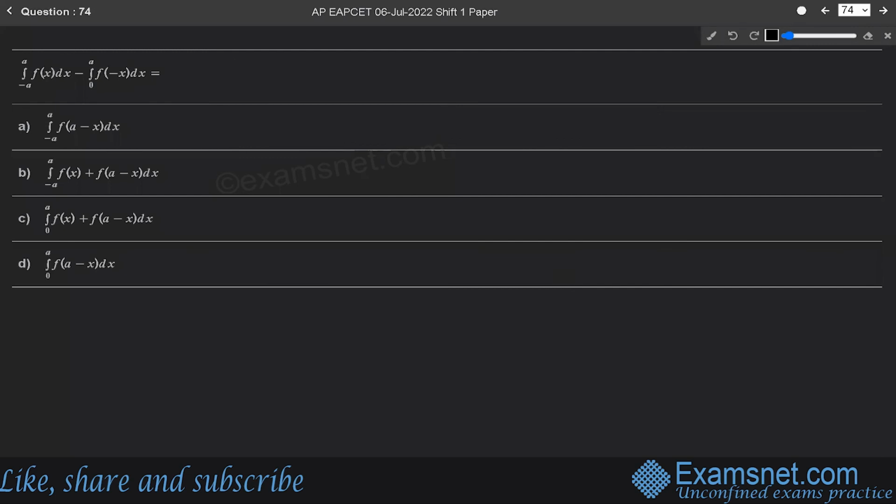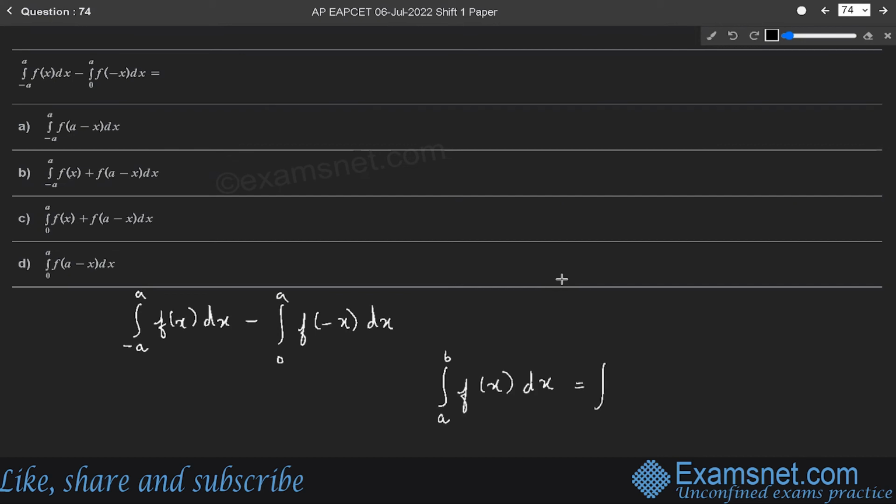Next question is the integral from minus a to a of f(x) dx minus the integral from 0 to a of f(minus x) dx is equal to. We know that there is an identity: the integral from a to b of f(x) dx is equal to the integral from a to b of f(a + b minus x) dx.